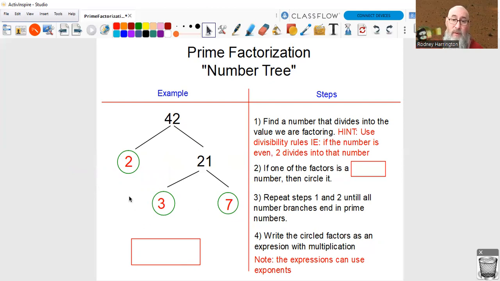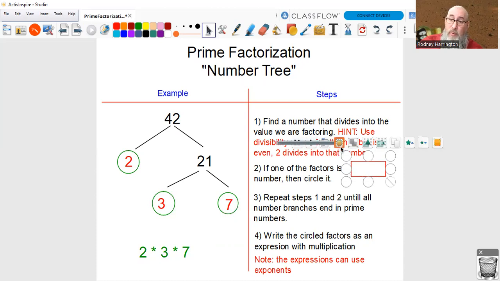So now that we have all prime numbers at the bottom of our branches, our prime factorization is 2 times 3 times 7. And if a factor is a prime number, then circle it or identify it somehow. Circling it is a good method to help us see those prime numbers.